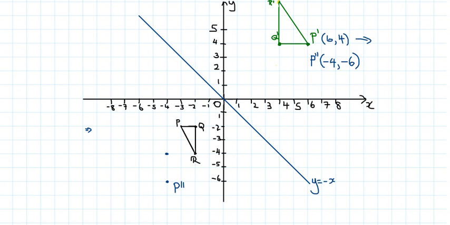And R prime was supposed to be, what was R prime? 4, 8, so this would become negative 8, negative 4.